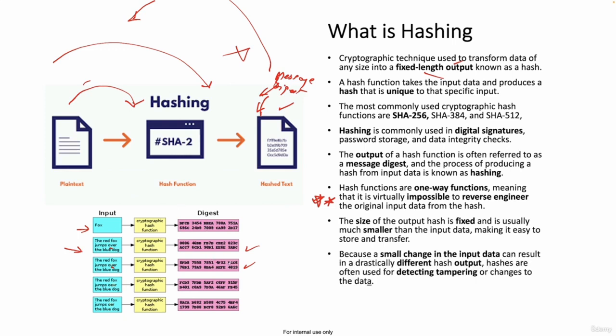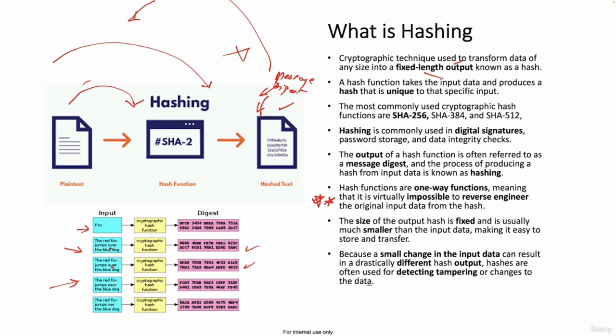Because a small change in the input data can result in a drastically different hash output, hashes are often used for detecting tampering or changes to the data. Perfect example we have here. Some hacker came and changed the V to a U, thinking that the other side won't come to know, because if you read quickly, you might say it looks quite similar.